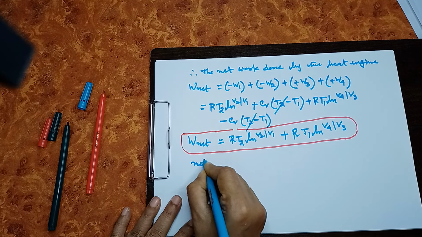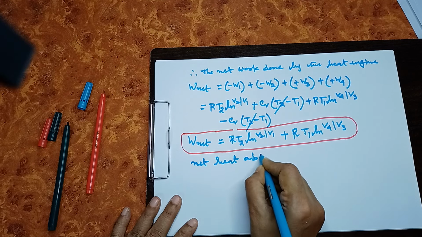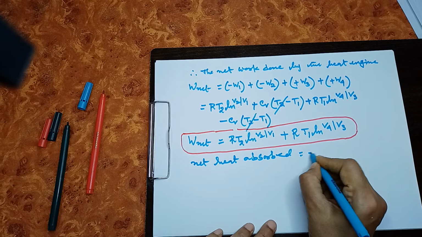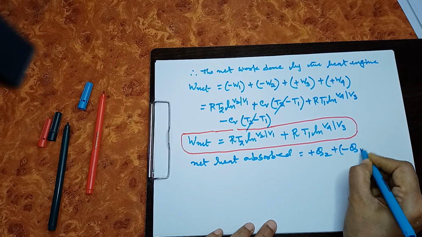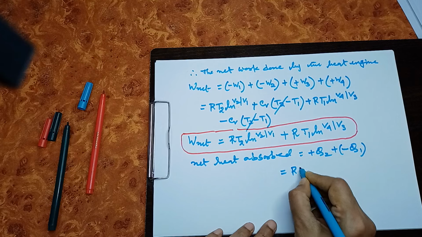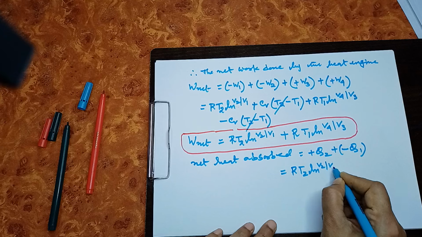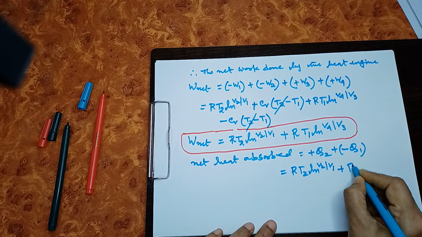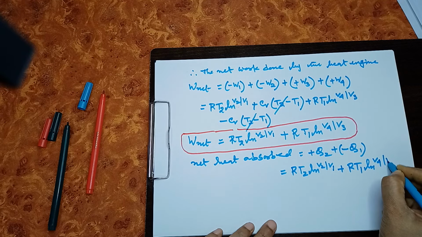So, net heat absorbed will be equal to first step plus Q2 and then plus or minus Q1. So, that is equal to, first step it was RT2 ln V2 by V1 and then minus Q1 was plus RT1 ln V4 by V3.